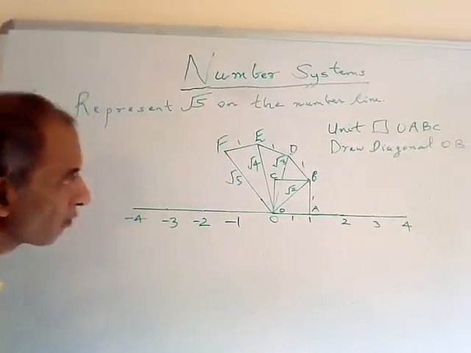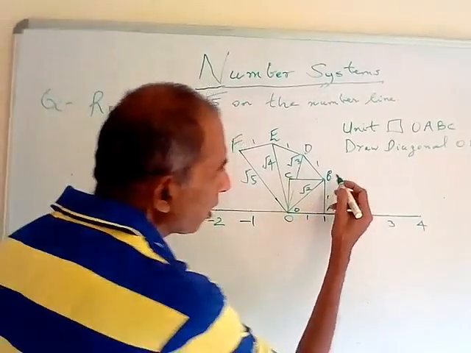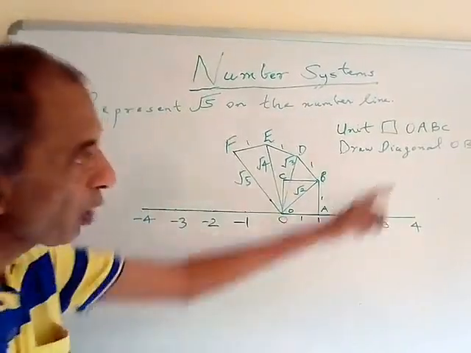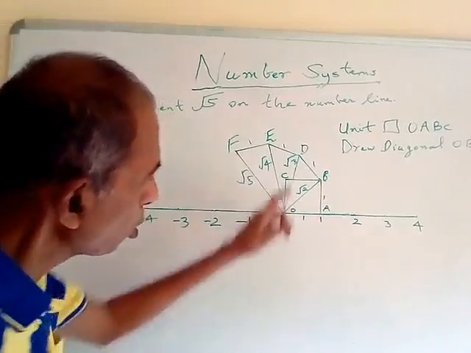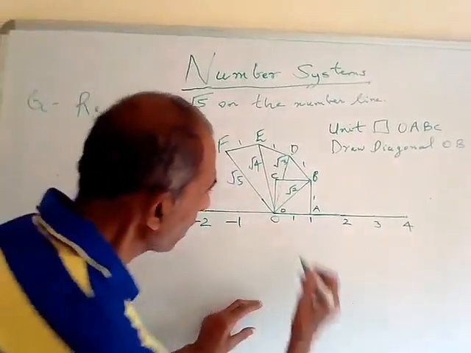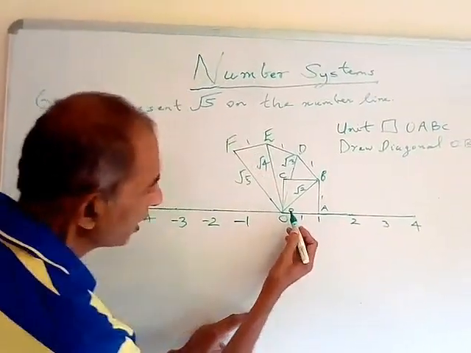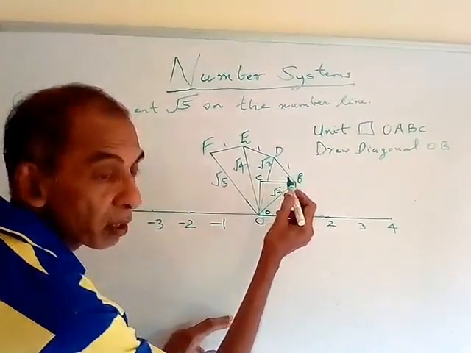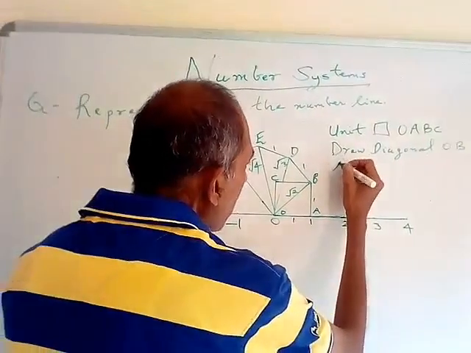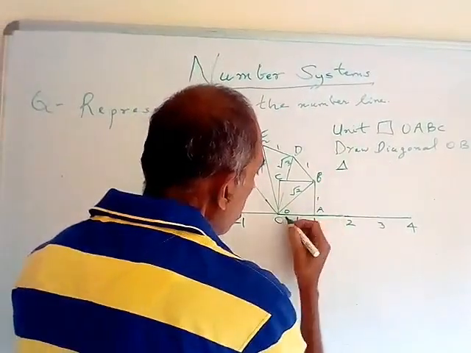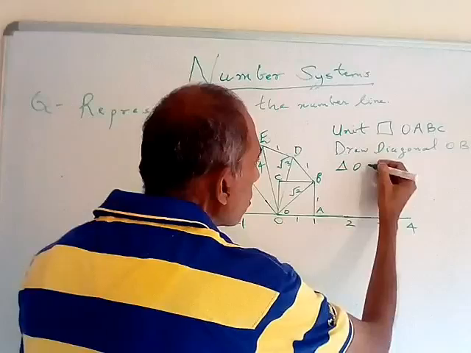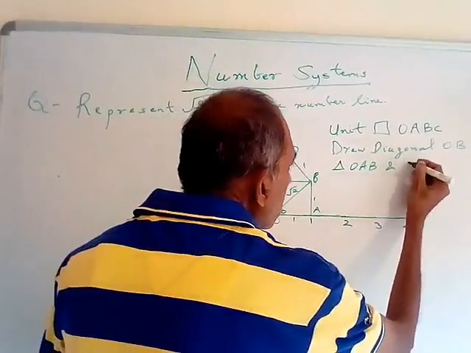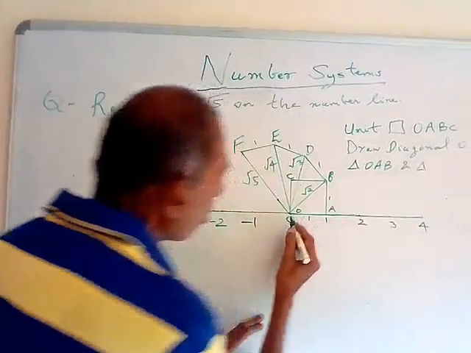So we have now drawn the diagonal OB inside the square. And what is formed after drawing the diagonal? 2 triangles are formed inside the square. The first triangle is OAB, the second is OCB.